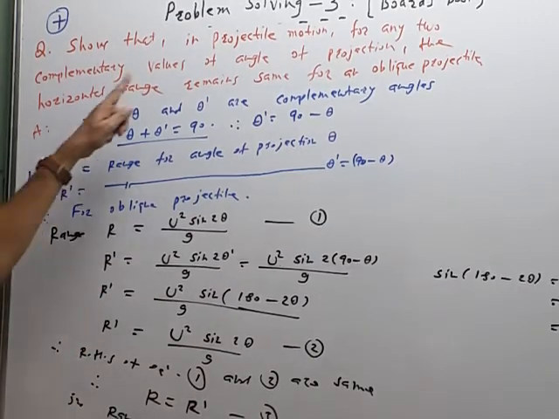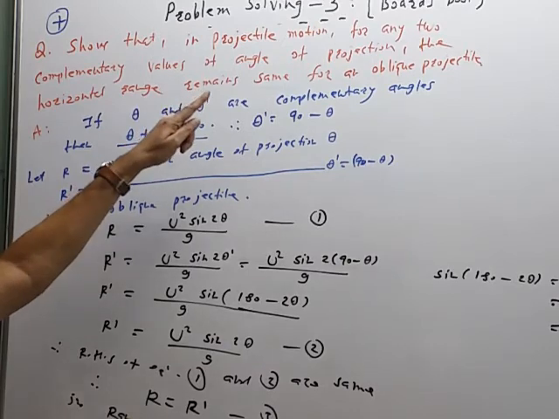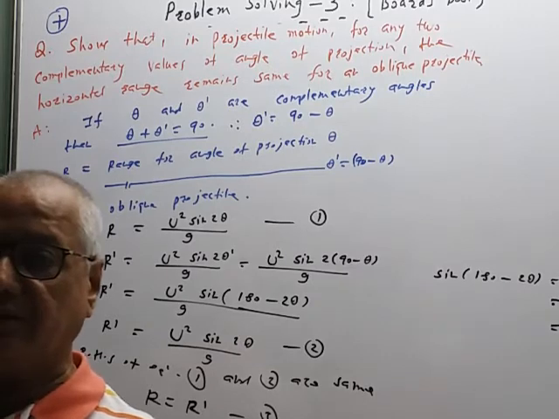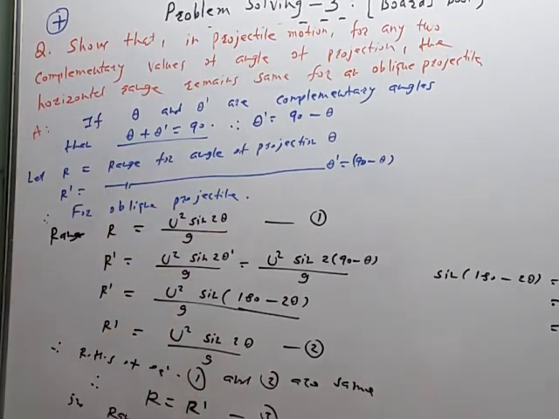So we have to prove this: show that for any two complementary values of angle of projection, the horizontal range remains the same. R is equal to R dash means range remains the same for theta and theta dash, where theta and theta dash are complementary angles of each other. So this property is given in our notes, but the proof is not given, and we have proved it like this.